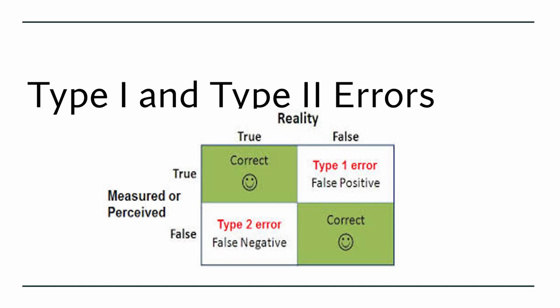Since these decisions are based on probability, there is always a risk of making a wrong conclusion. If your results show statistical significance, that means they are very unlikely to occur if the null hypothesis is true.